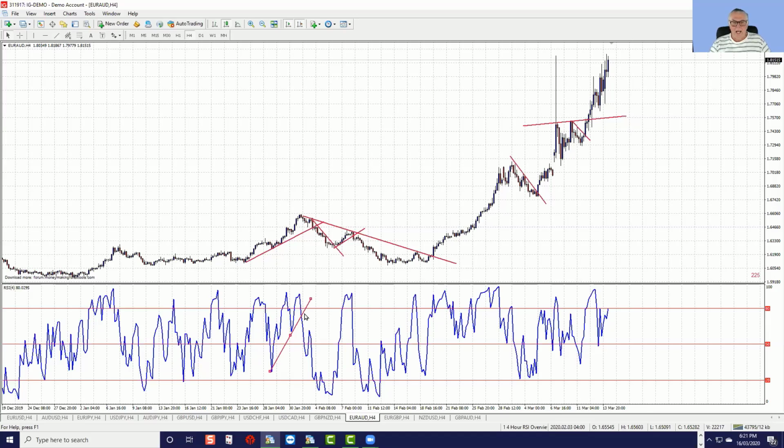Why I like the RSI is it is a leading indicator. So if you look at this, you'll see that it's actually giving the trend line violation way ahead of the price action. I mean, literally on the first red candle, it's giving a trend line violation. So that's why I like the RSI.